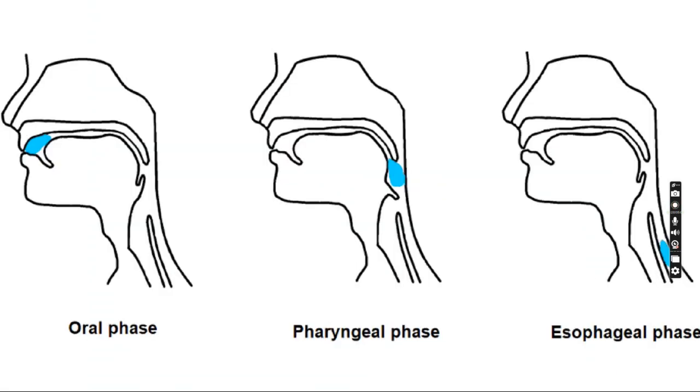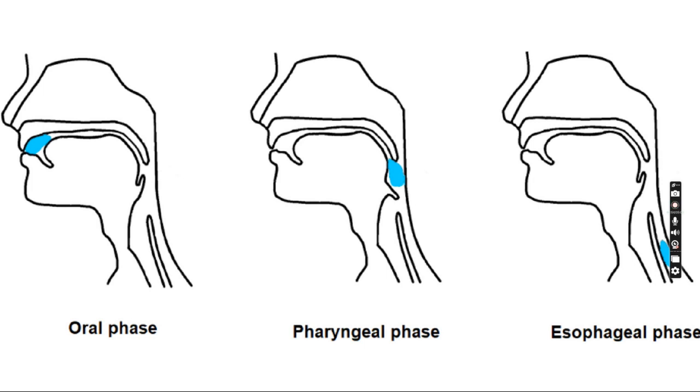When we talk about the different stages of swallowing, the first stage is the oral phase, the second one is the pharyngeal phase, and the third one is the esophageal phase. The oral phase takes almost 8 to 10 seconds, and the pharyngeal phase takes a maximum of 1 to 2 seconds.